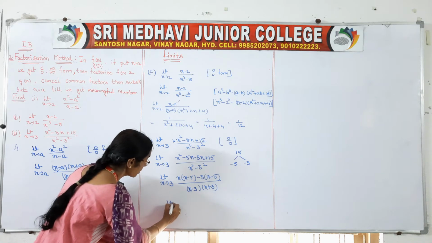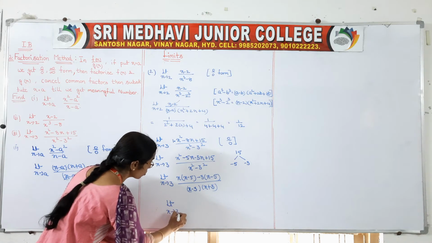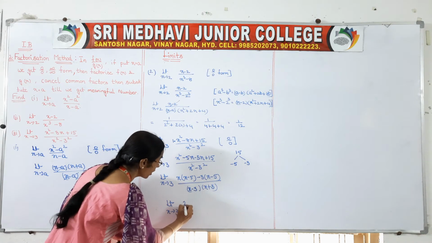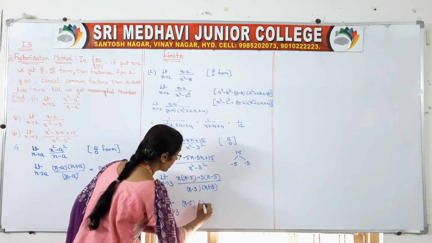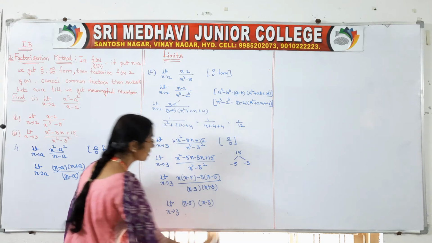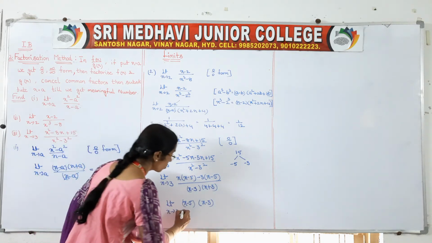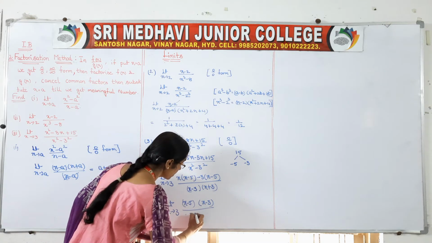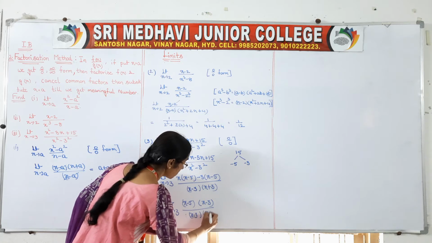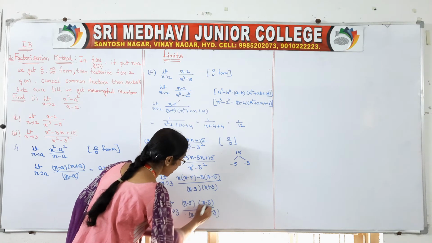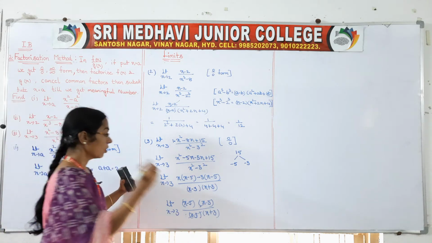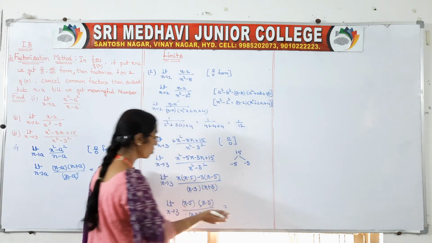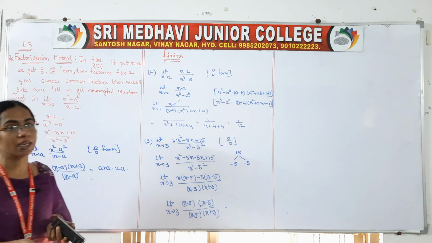So next, limit x tends to 3. From these two we can take x minus 5 as common, then you will have x minus 3, divided by x minus 3 into x plus 3. So x minus 3 cancels. Now after this there is no simplification possible, right?